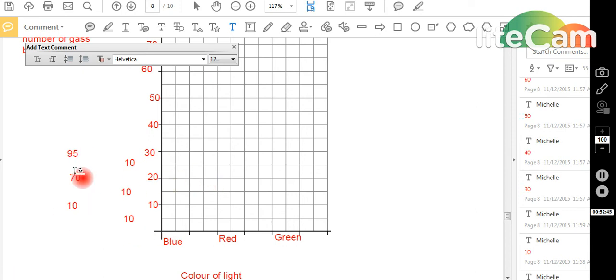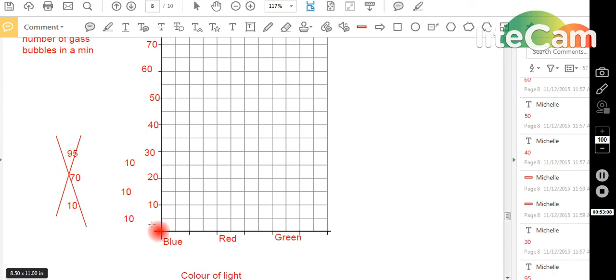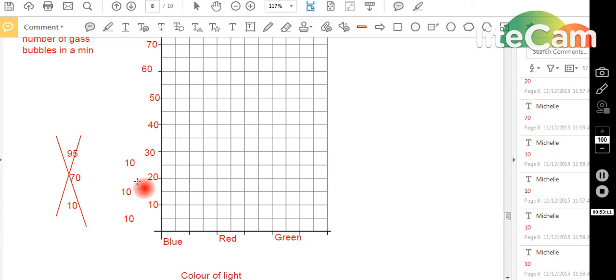Okay, if we draw this graph, is this going to be an accurate result? No. No, this is a scale. This needs to flow into one another. The same difference between the numbers, the same distances between every number. Okay, so this is not allowed at all. Okay, please never, never do this. You're not going to get any marks. So do your scale properly.